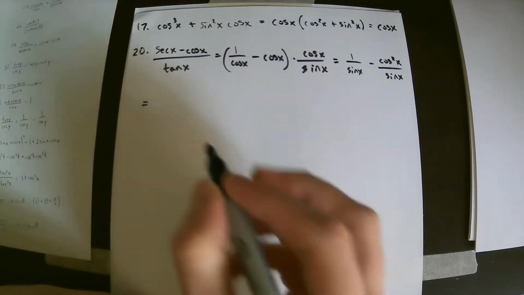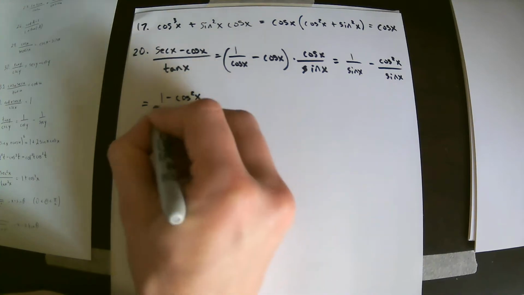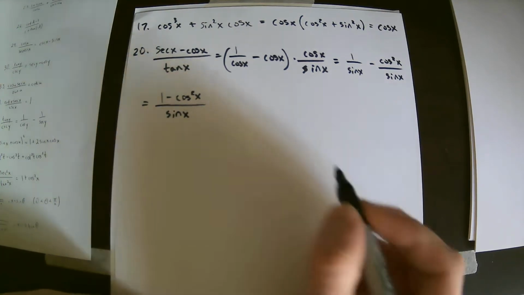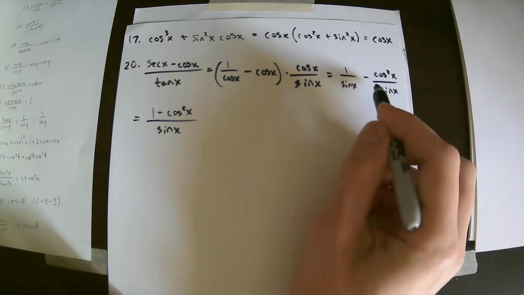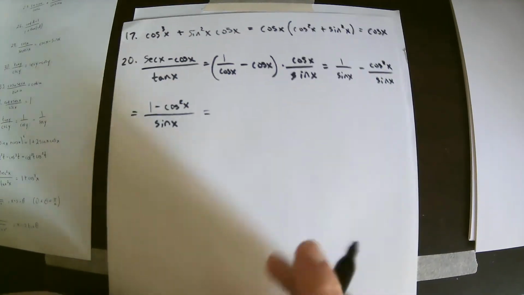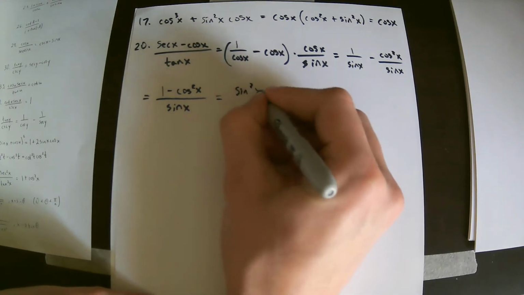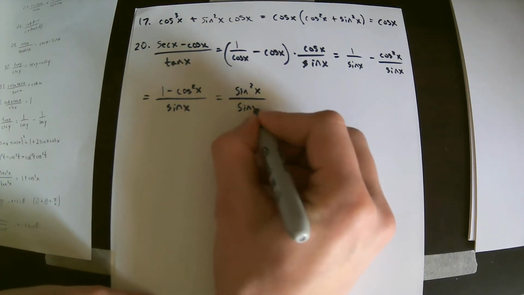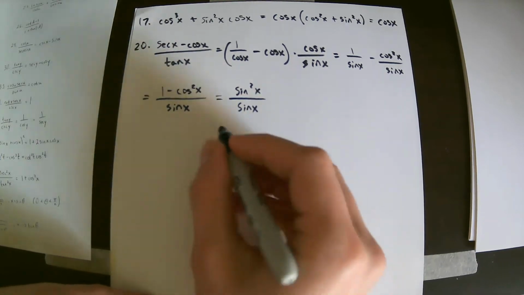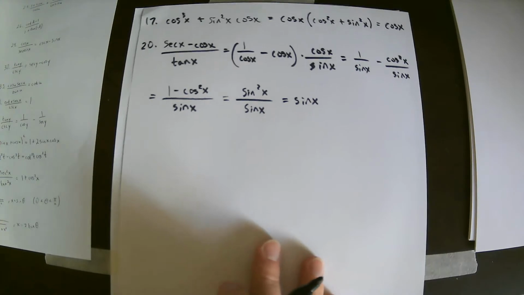And that will be equal to 1 minus cosine squared x over sine x. They already have a common denominator, so I can push them together. But 1 minus cosine squared x is sine squared x. And there we go. One of these signs will cancel, and I'll be left with a single sine of x.